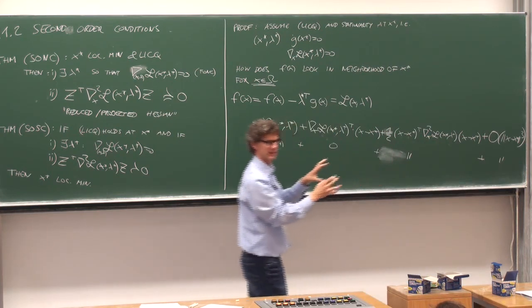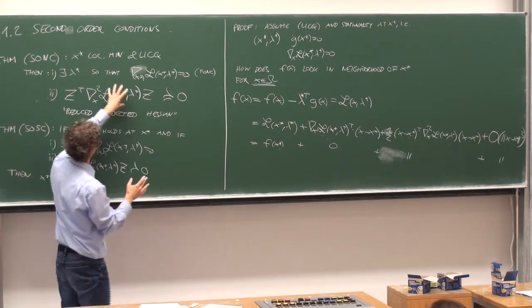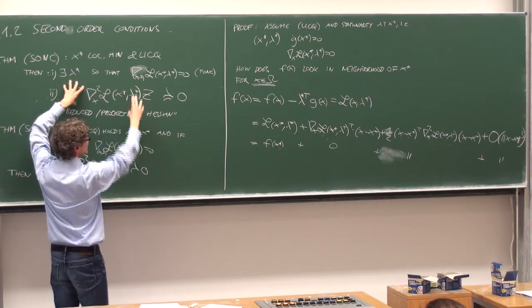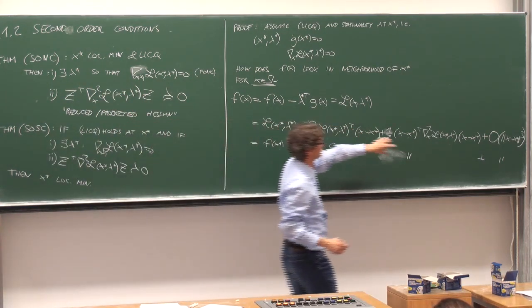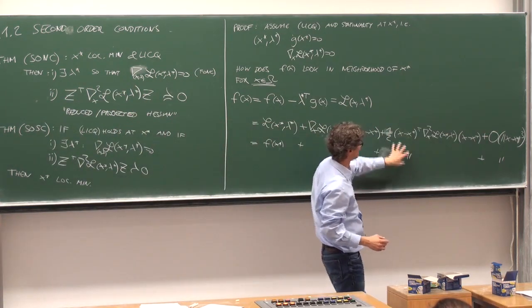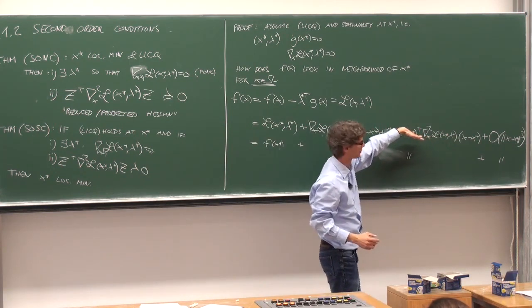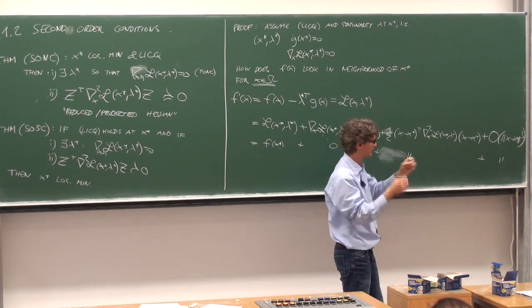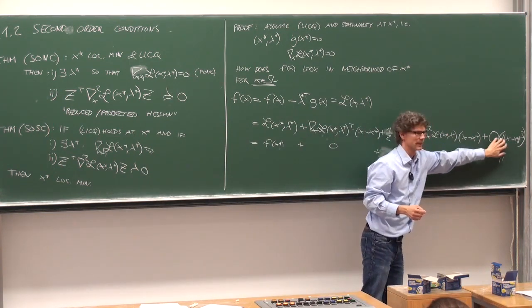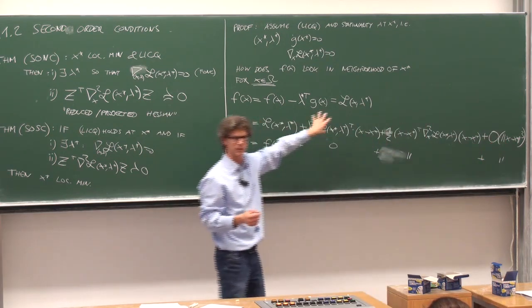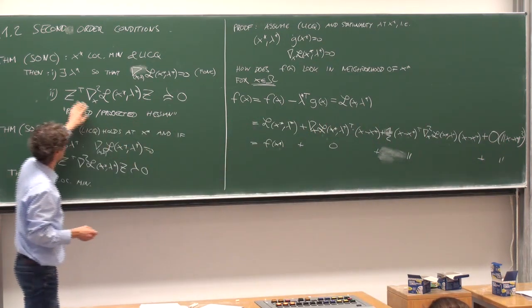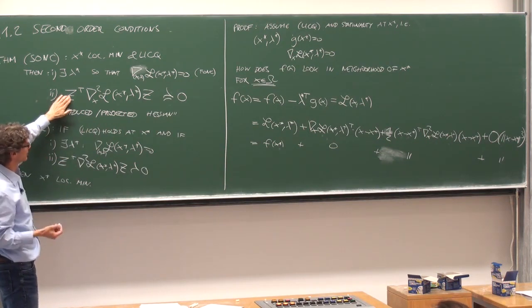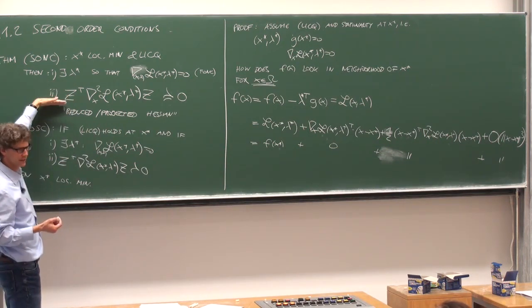Then we could find some curve so that this term would become negative, and for very short parts of this curve it would dominate, and then we would have a contradiction to optimality. So in that sense, this equality already allows us to prove this first theorem.